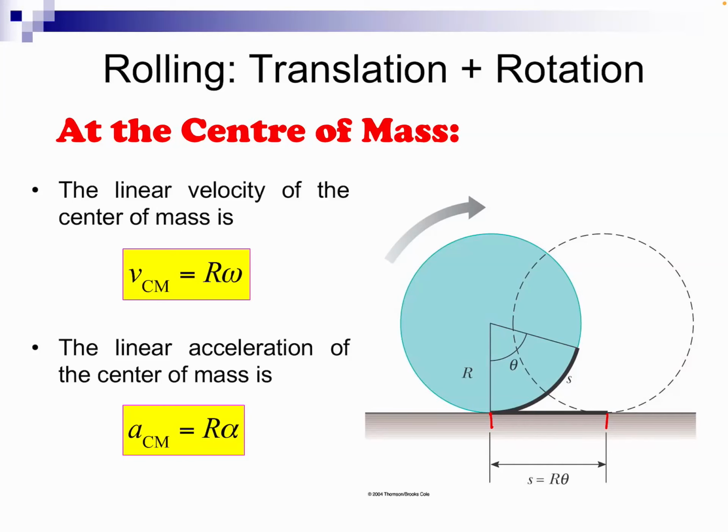Okay, if I take the derivative with respect to time of both sides, I have ds/dt equal to r times d theta/dt, since the radius of the rolling sphere is constant.